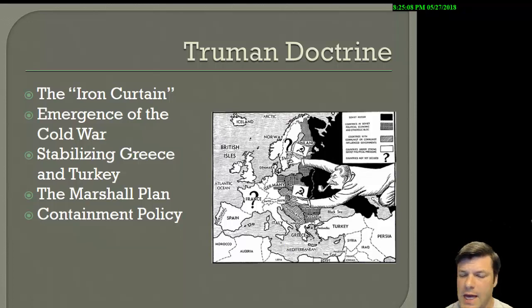Now, two nations that have been absolutely leveled by the war: Greece and Turkey in southeastern Europe. And what Harry Truman's going to do is go to Congress and get a $400 billion stimulus package to rebuild the countries of both Greece and Turkey. And we do.